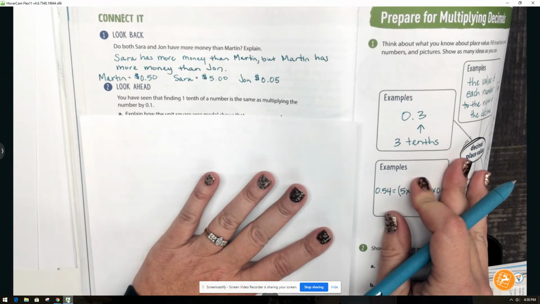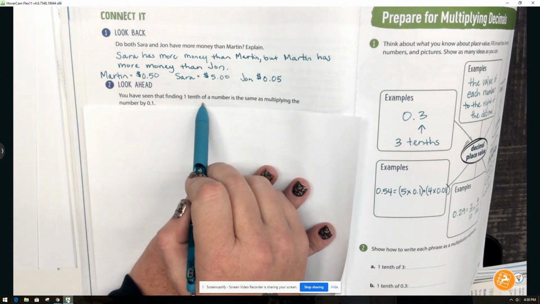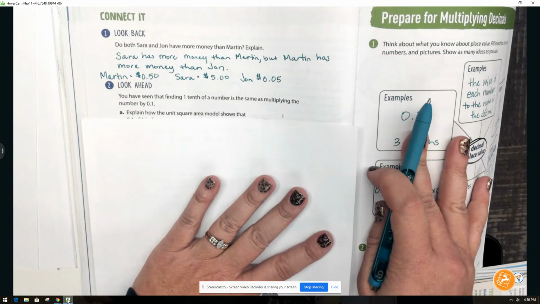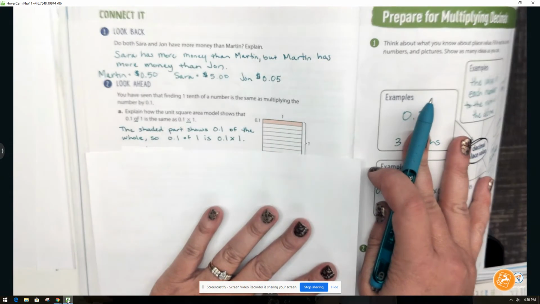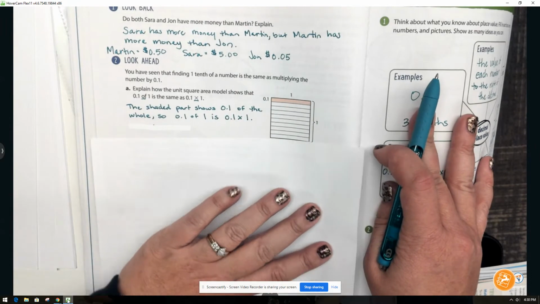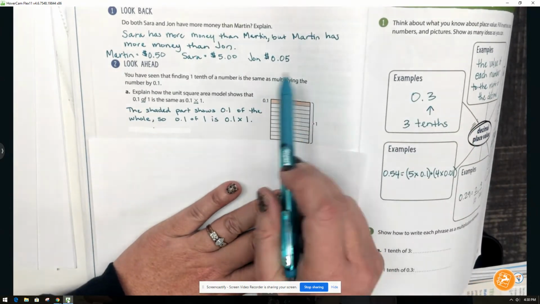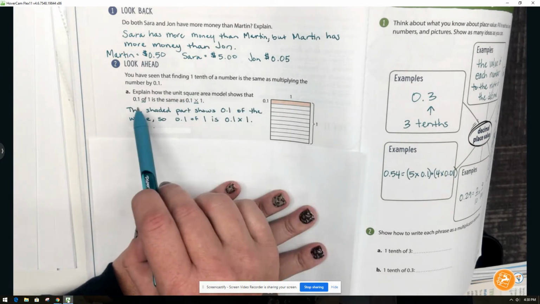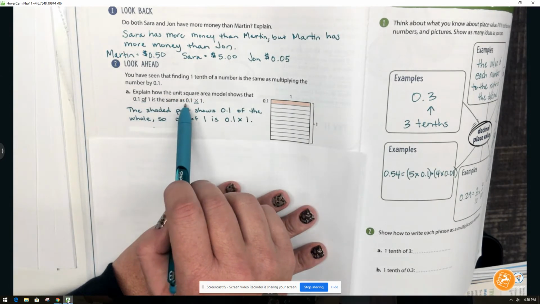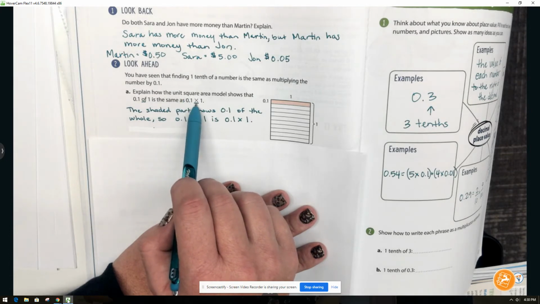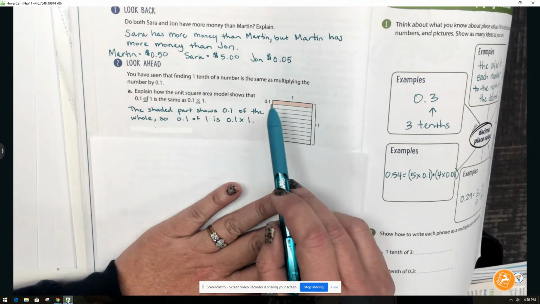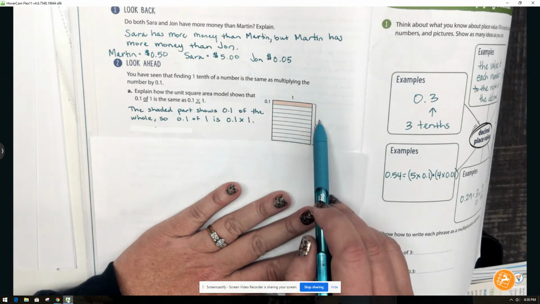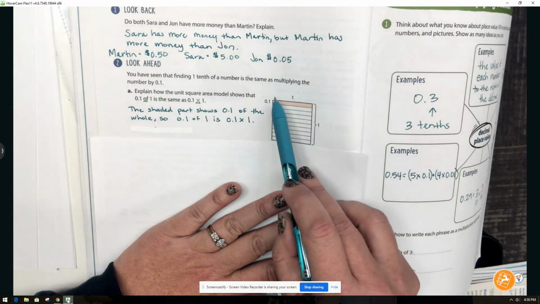Looking ahead, you have seen that finding 1/10 of a number is the same as multiplying the number by 1/10. So I'm going to show you how this works. Looking at this model, it says, explain how the unit square model shows that 1/10 of 1 is the same as 1/10 times 1. The shaded part shows us 1/10 of 1 whole.